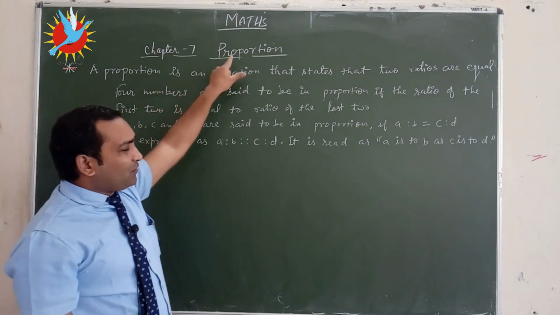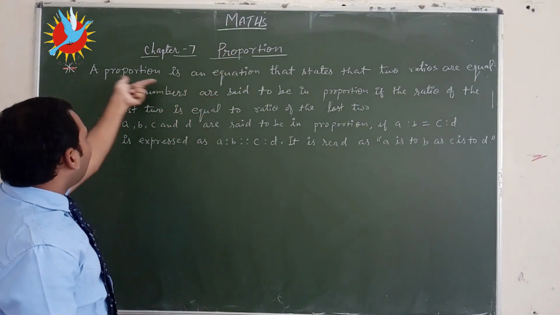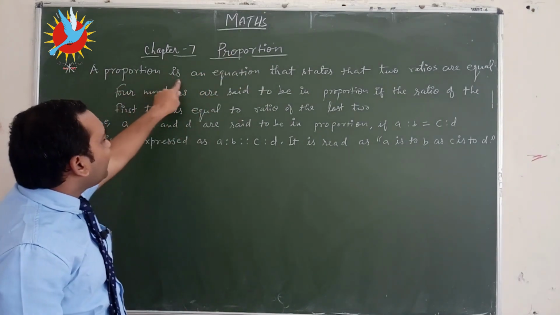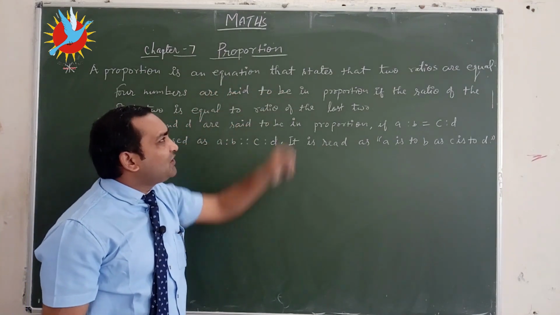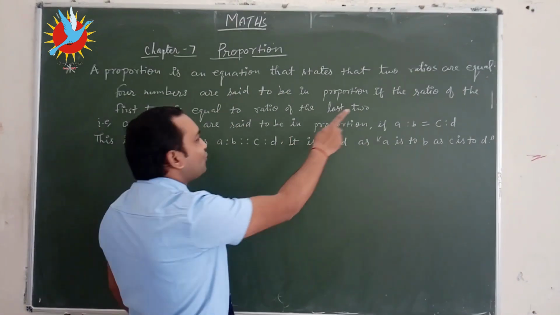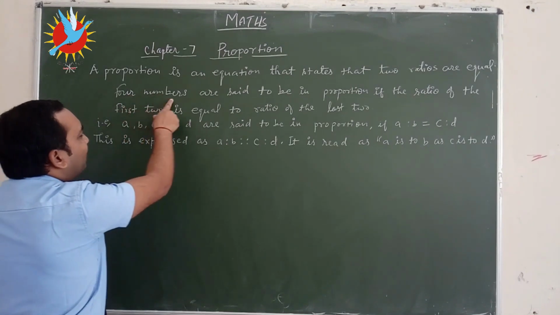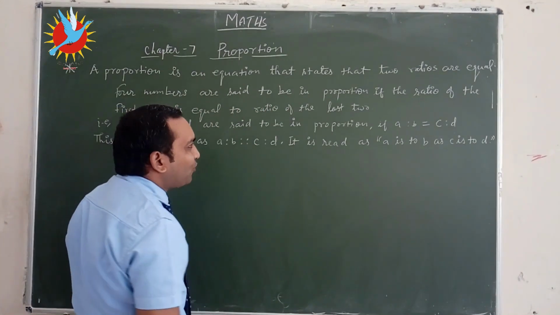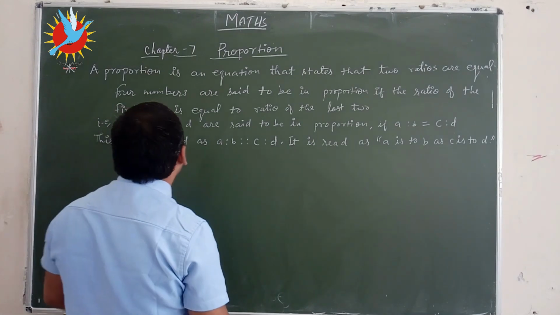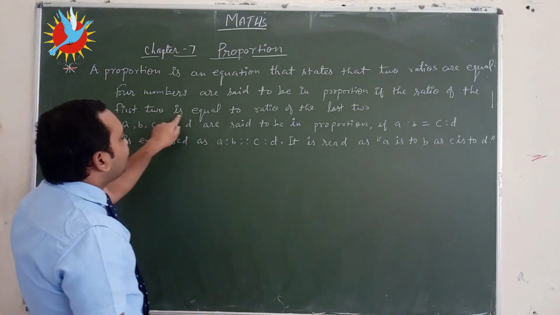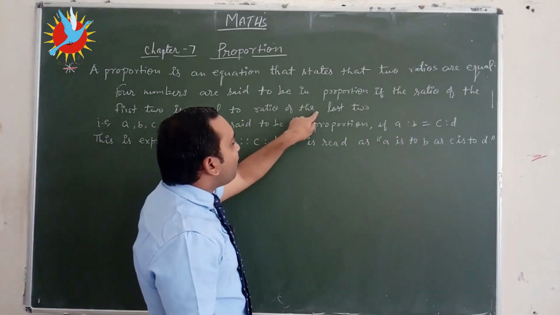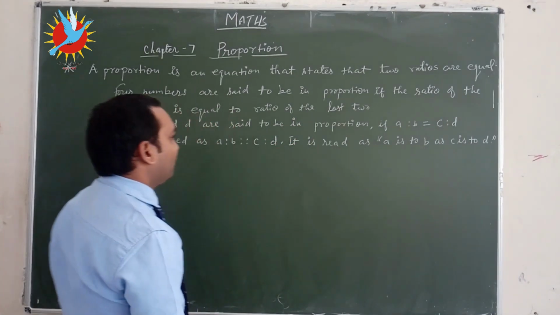What is proportion? Here it is written, a proportion is an equation that states that two ratios are equal. Four numbers are said to be in proportion if the ratio of the first two is equal to the ratio of the last two.